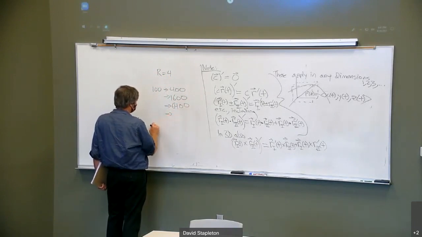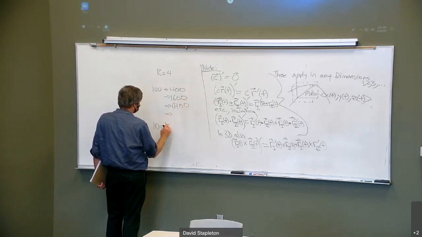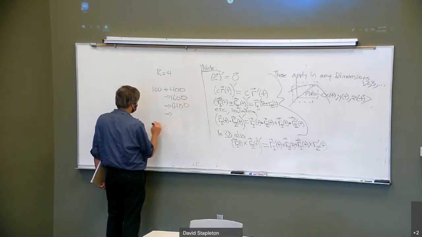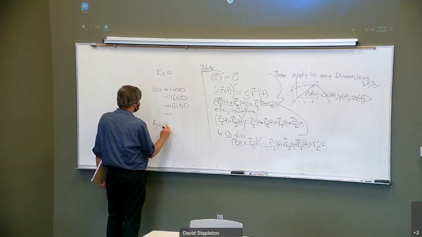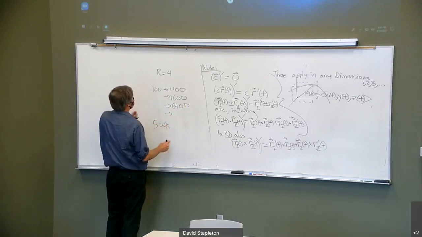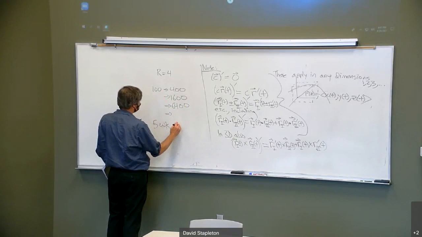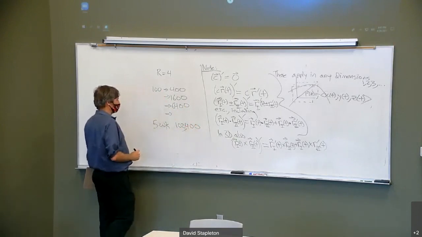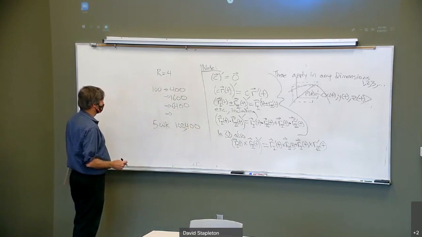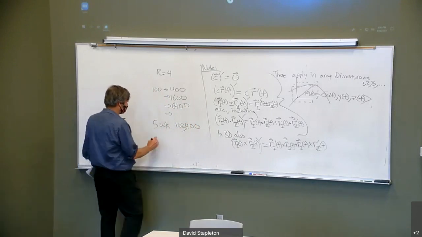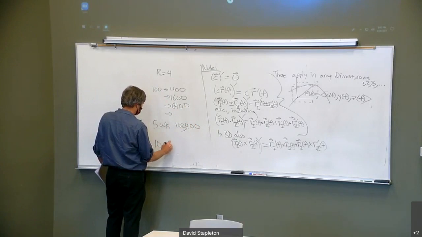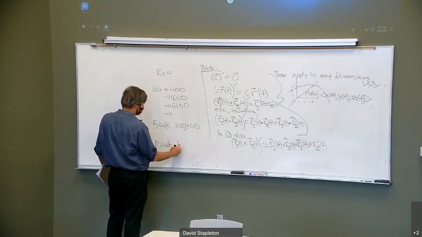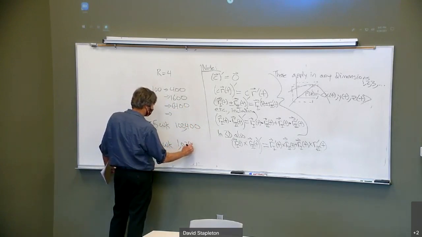And let's say after 5 weeks, you'll have 1,024 times the original amount. In other words, you'll have over 100,000 people with this. And if you go another 5 weeks or 10 weeks, you'll have over 1,000 times that. You'll already have 1 million people.